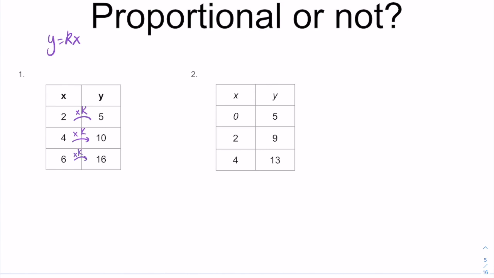If we're looking to figure out if something is proportional or not, we can look to find that k value, and we can do that by dividing y by x.